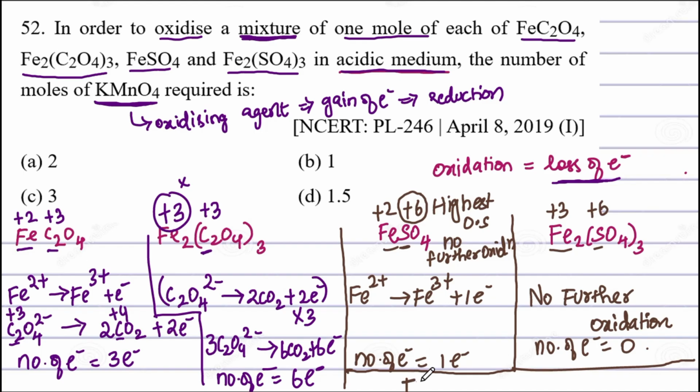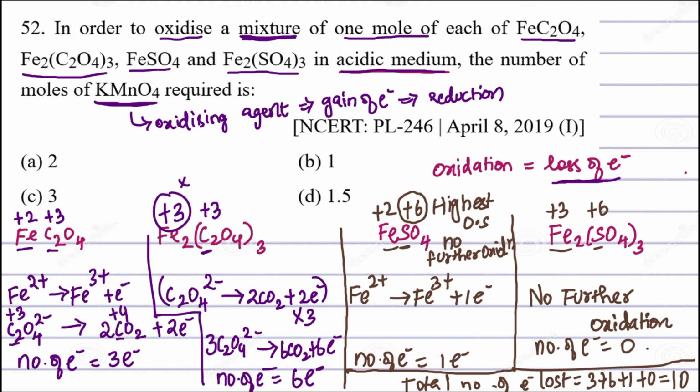So let us calculate the total number of electrons lost. Here you have 3, 6, 1, 0. So 3 plus 6 is 9, 9 plus 1 is 10. So 10 electrons are lost.